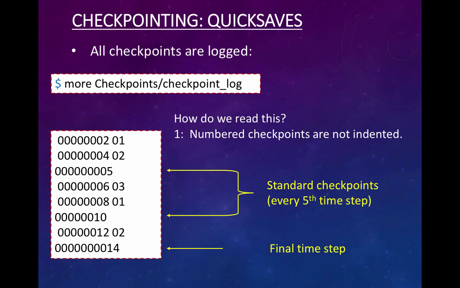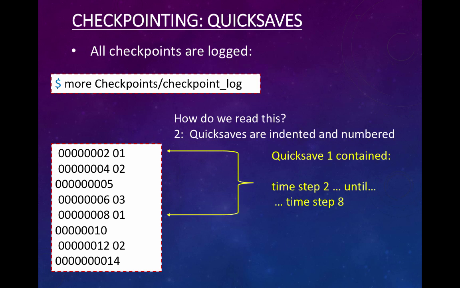So the way to read this is that we wrote a standard checkpoint at time step 5 and time step 10. And then on time step 2, we wrote to quick save 1. At 4, we wrote to quick save 2. And at 6, we wrote to quick save 3. Then on time step 8, we overwrote quick save 1.